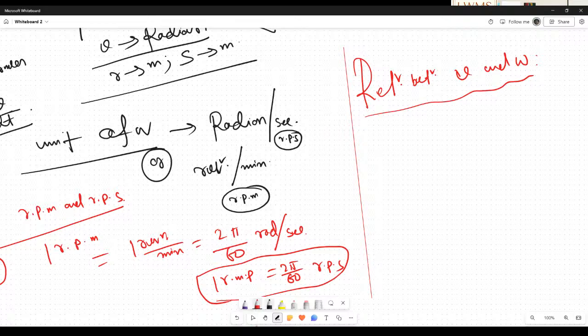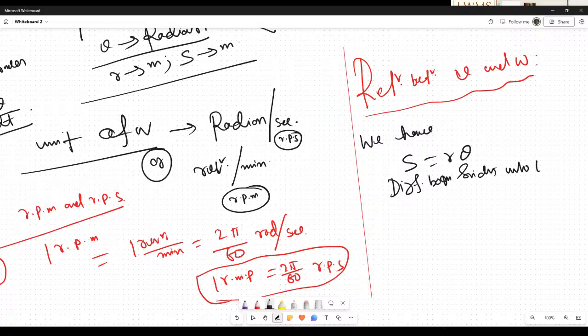Let us start from this relation. We have S equal to r theta. S is the linear displacement. So differentiate both sides with respect to t. ds by dt will be what? r d theta by dt.